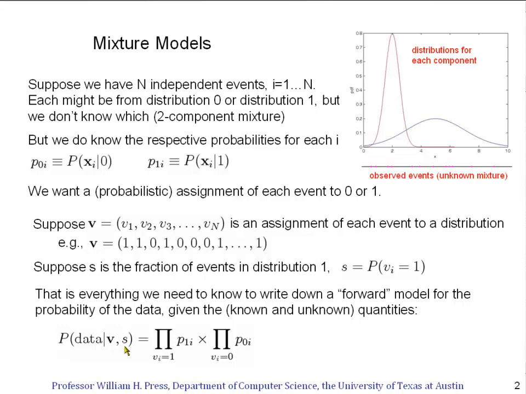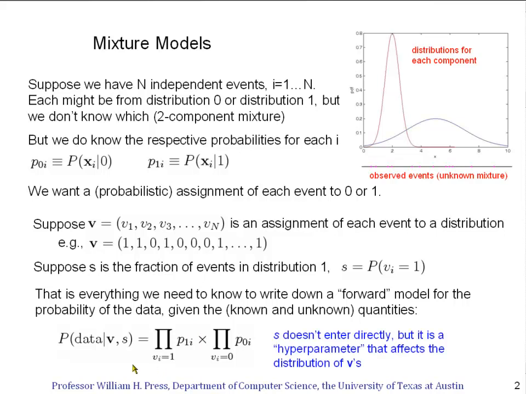And to get exactly the data we see requires that for every event that's drawn from distribution 1, an event with probability p sub 1i, and for every event drawn from distribution 0, an event with probability p sub 0i, and since these are all independent, we simply multiply the respective products together, and that's the probability of the data.